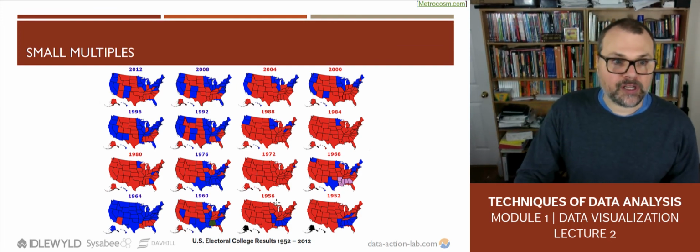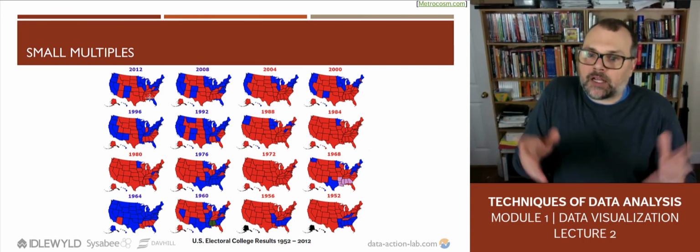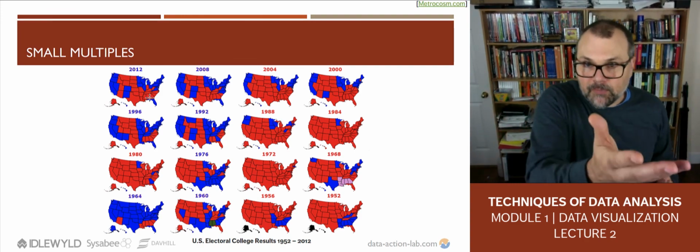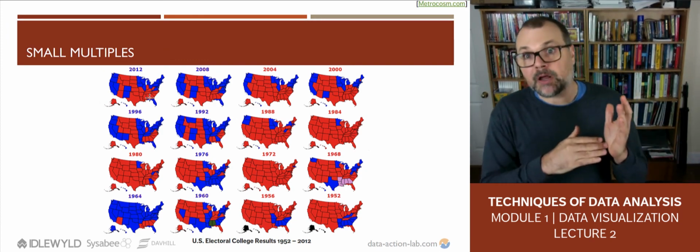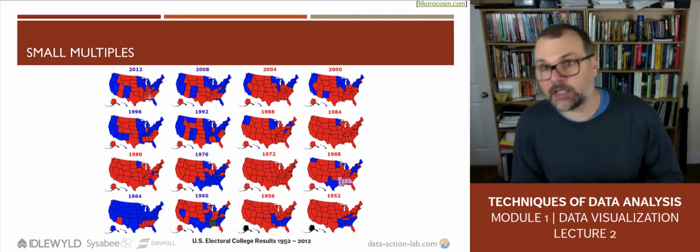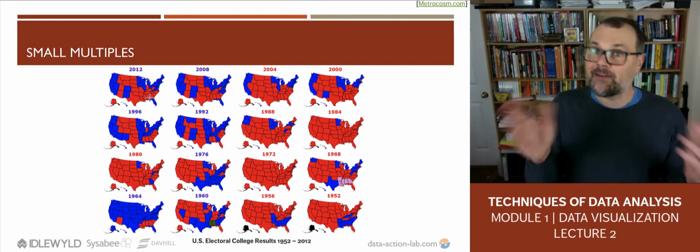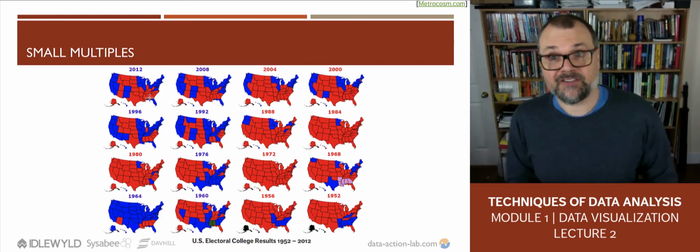So every 4 years we have a new presidential election in the States from 1952 to 2012. We produce a chart. It could be a choropleth, a heat map for geographical regions. It could be a scatter plot. It could be a network diagram. It could be a bubble chart. It could be a histogram. It could be everything.